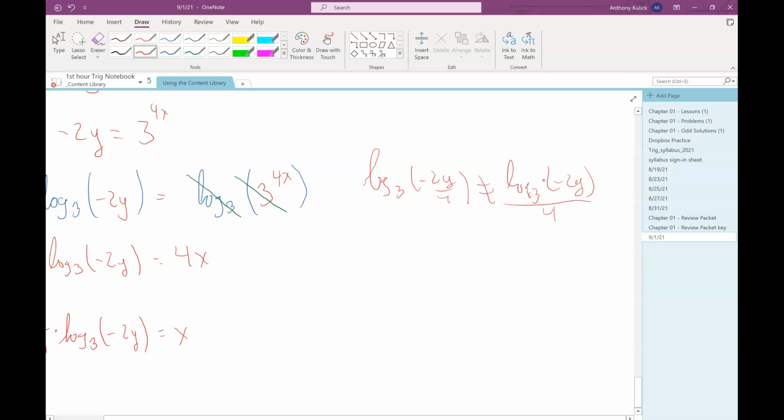Those aren't the same thing. And rather than having to think about which one I mean, I'm just going to stick the 1/4 out front, and then I don't have to worry about am I dividing inside the parenthesis or across the whole thing. We'll just stick it out front. It's fine. Is that okay with everybody?